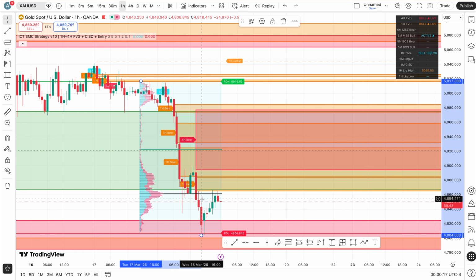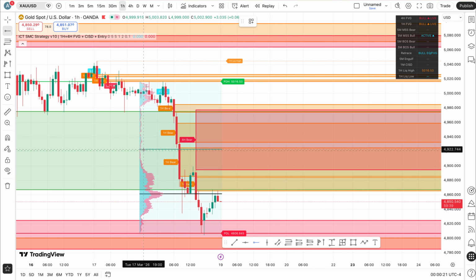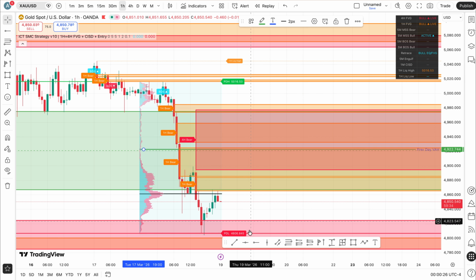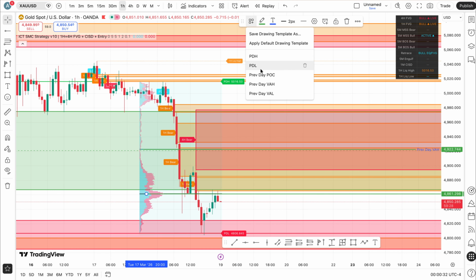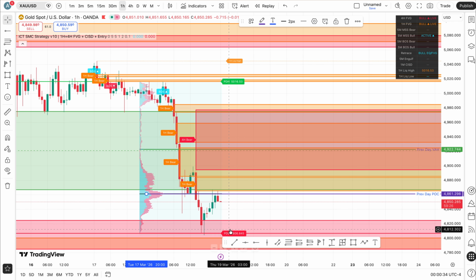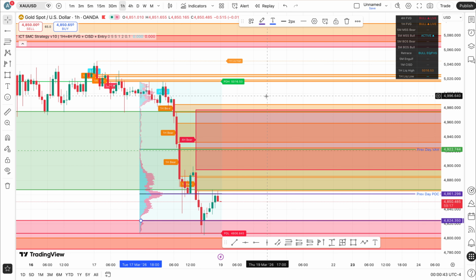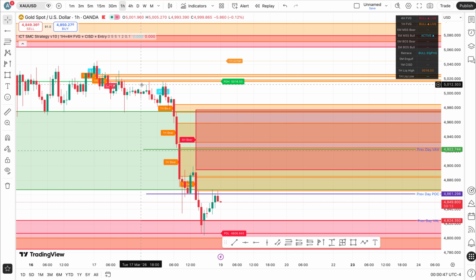So this will allow you to mark the value area high, the point of control, and the value area low. Right? We now delete the previous days.